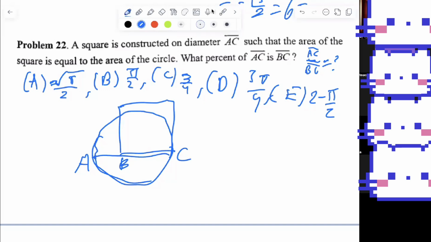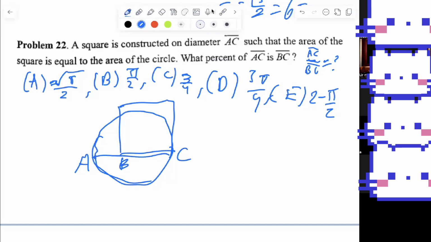So what's your question? Do we make our own numbers or use the numbers you wrote down? The numbers I wrote down as the answer choices. So B is straight up pi divided by 2, okay?